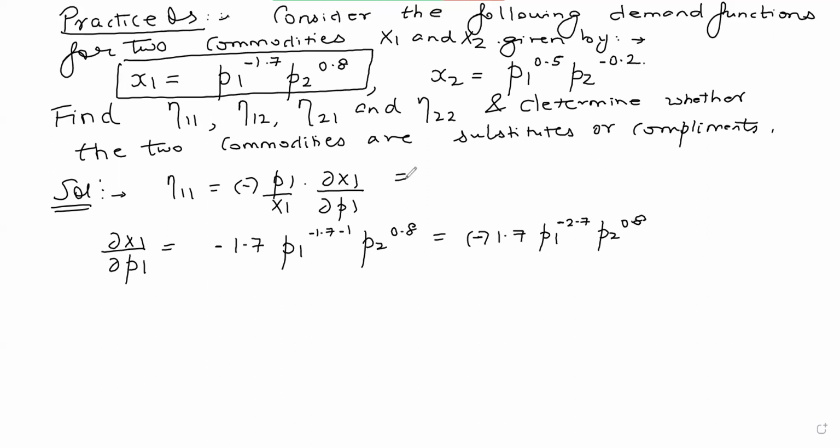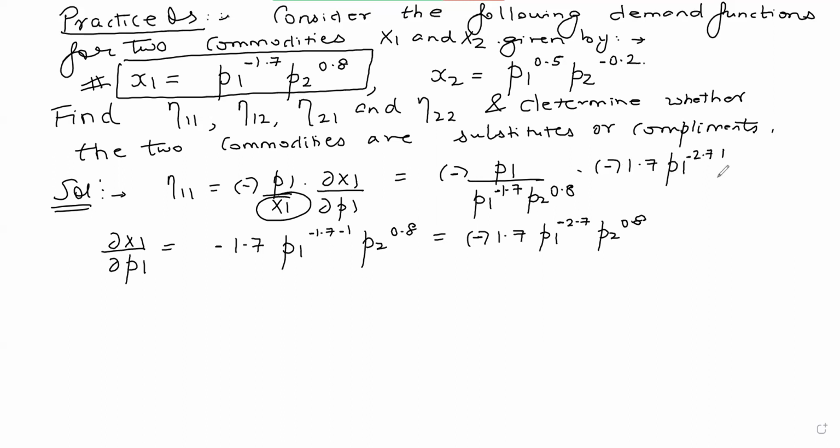So my eta 11 will be minus p1 over x1, which is p1 to the power negative 1.7, p2 to the power 0.8, times del x1 by del p1, which is negative 1.7, p1 to the power negative 2.7, p2 to the power 0.8.